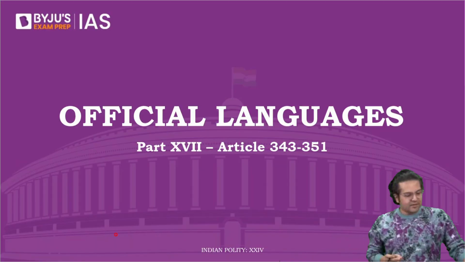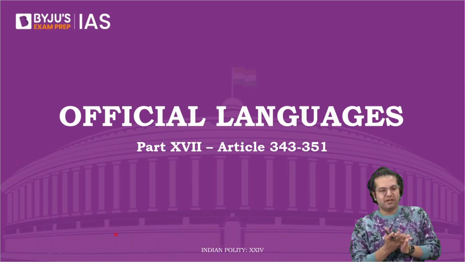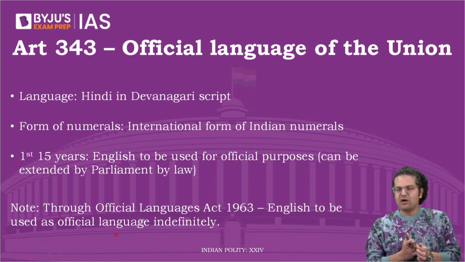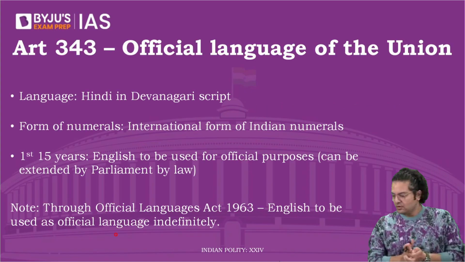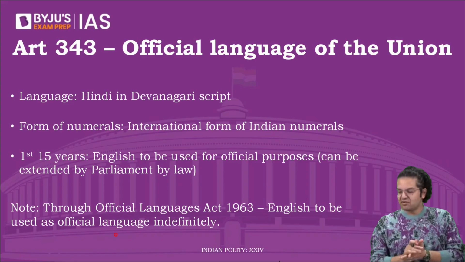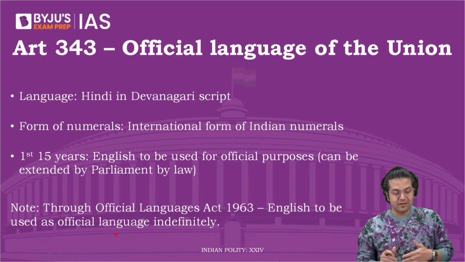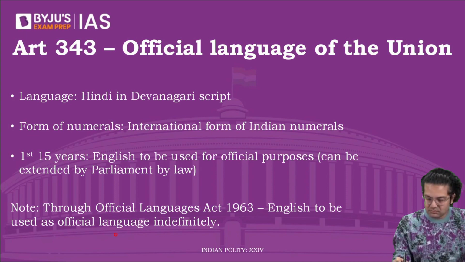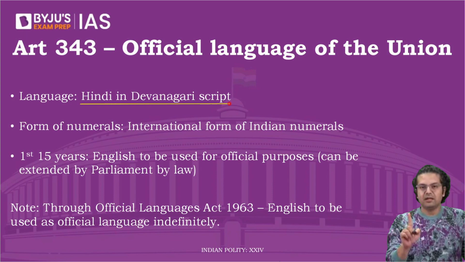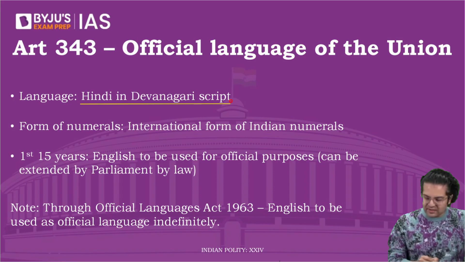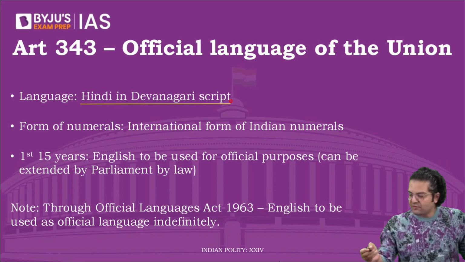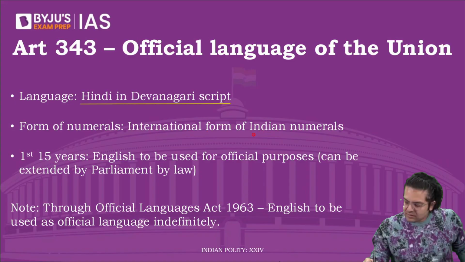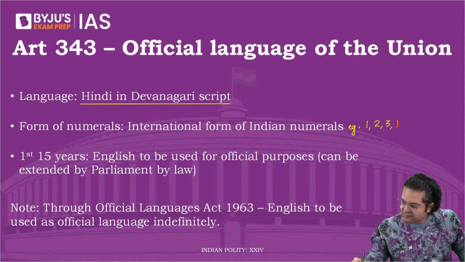Now, first up, Article 343. Official language of the Union. What is the official language of Union? Hindi is the official language. Are we clear? Hindi. And the form of numerals are the international form of Indian numerals, 1, 2, 3, 4, 5.